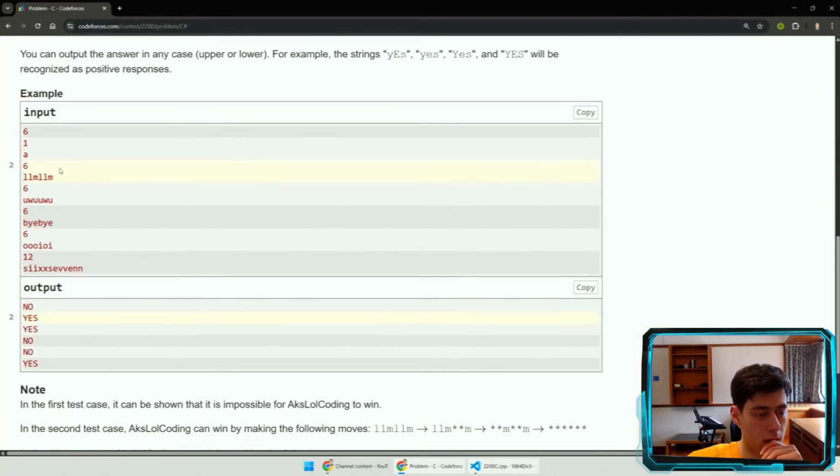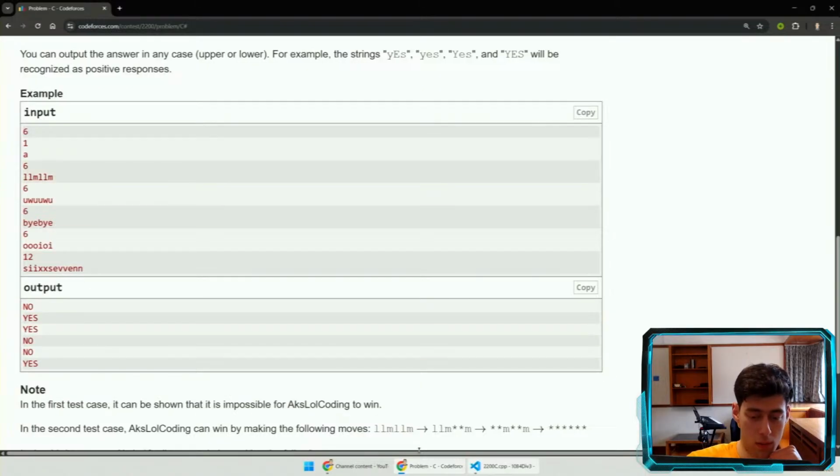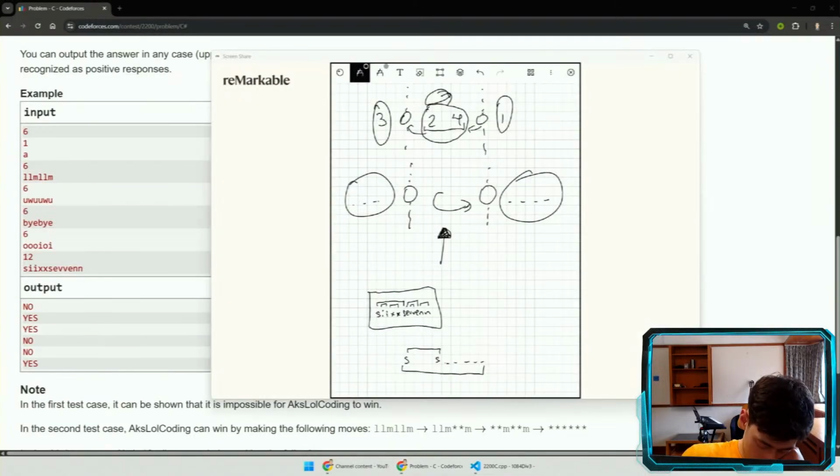There can't be a greedy, right? I don't think there can be a greedy here. Can this ever fail?